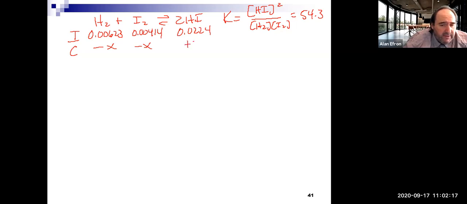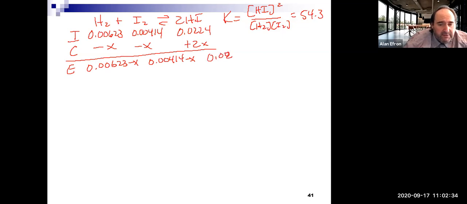and plus 2x again for the coefficient, which means when we are all said and done here, 0.00623 minus x, 0.00414 minus x, and 0.0224 plus 2x. So plus here, so that's important. At this point, we're going to put all these guys into our expression.